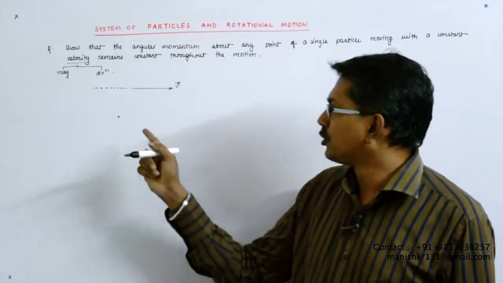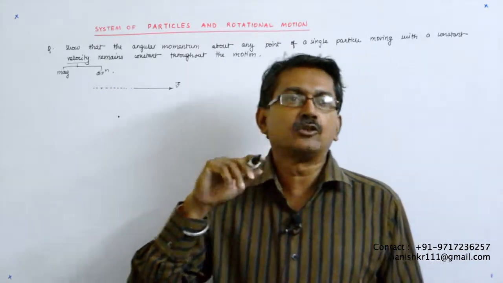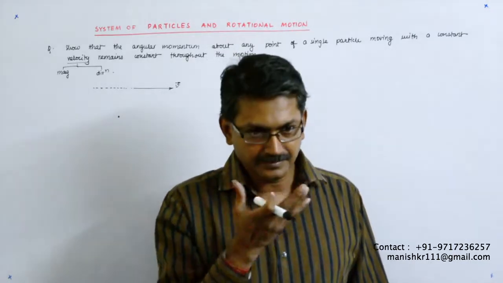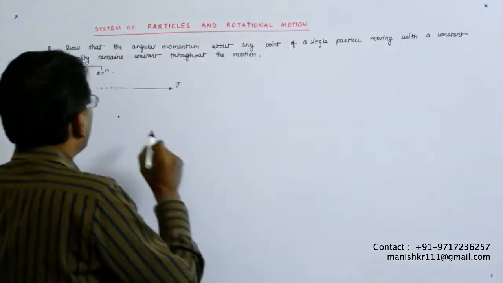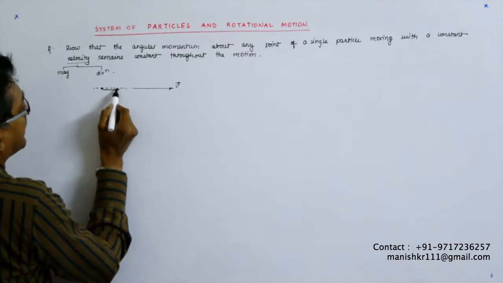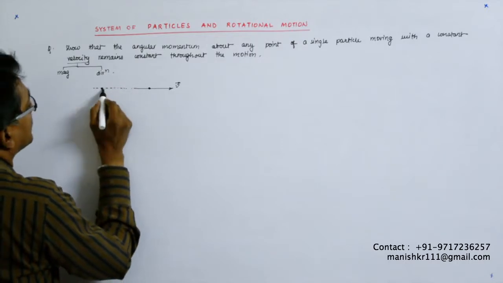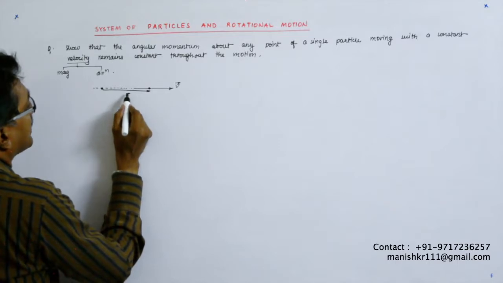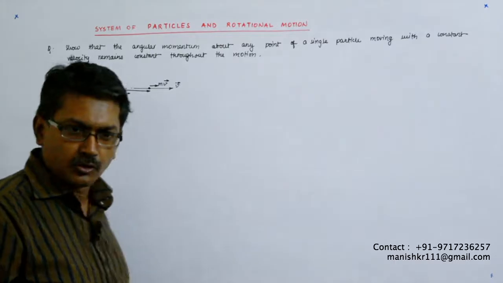That means for a fellow who's sitting here, there is no angular element in the movement, right? His R and his mv are in the same direction, for all times. Suppose the particle is here. So what is my R? This is my R. And what is my mv? This. So their cross product will go to 0.